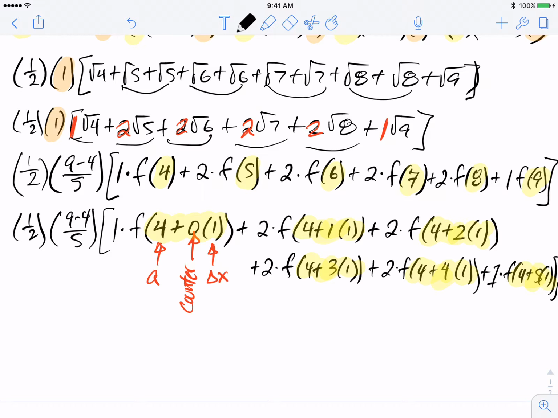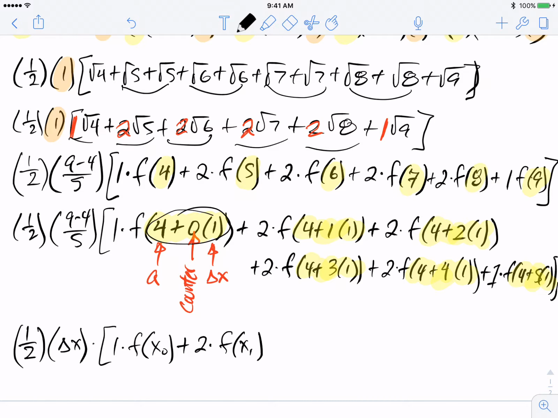And so putting this all together, you have a very systematic approach as to how you can calculate numerical approximations for area under the curve using trapezoids. It turns out that the formula actually looks like this. They call this first one x sub 0.